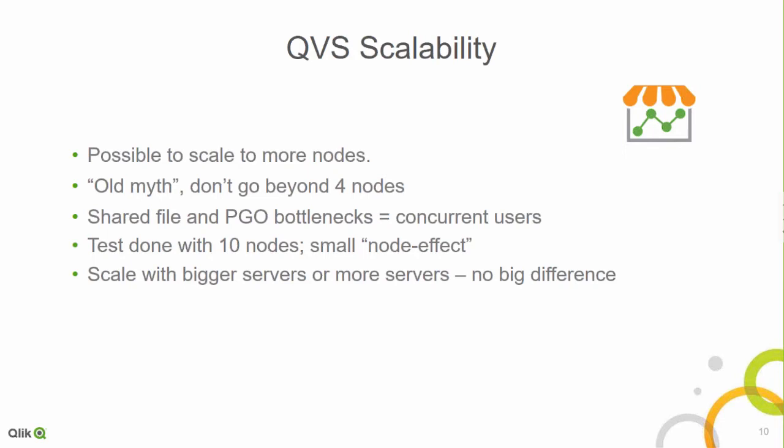I'm sure many of you guys are actually managing much larger deployments than that, but it's around and it's an old myth. So we think we've absolutely put that to bed with 12.10. Right now, there's not big of a difference between scaling more servers or bigger servers. You should see roughly the same improvement with the same upgrade in hardware, regardless if you're going wide or tall. So that's also pretty cool.